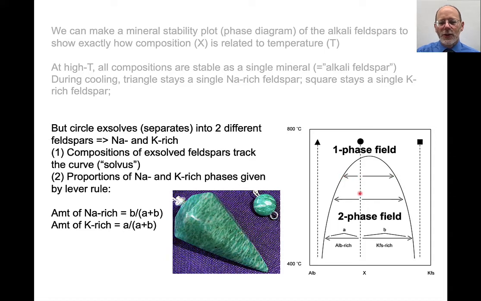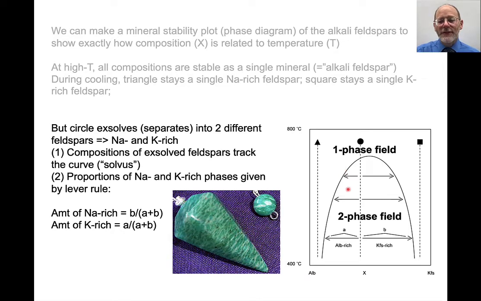As the temperature cools, if it continues to separate, then the composition of the potassium-rich feldspar will shift to this composition. The composition of the sodium-rich feldspar will shift to this composition. And as we get to lower and lower temperatures, the potassium-rich feldspar will get more potassium-rich and the sodium-rich feldspar will get more sodium-rich. That is, the compositions of the feldspars track the boundaries on this solvus.